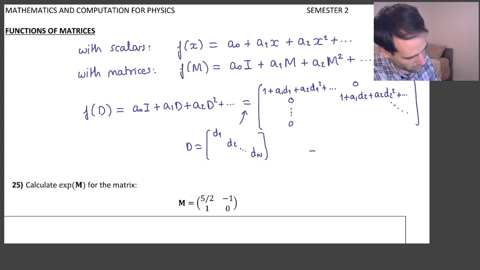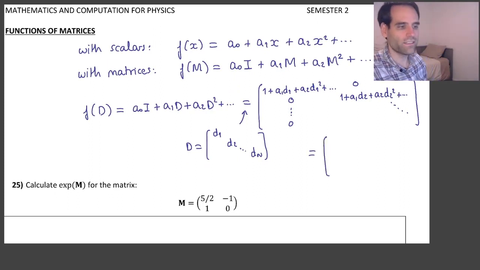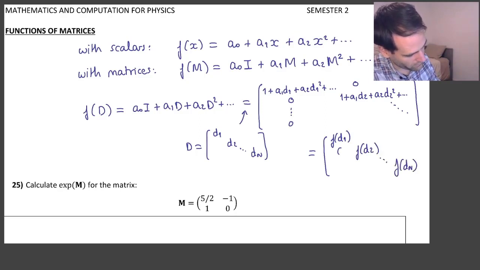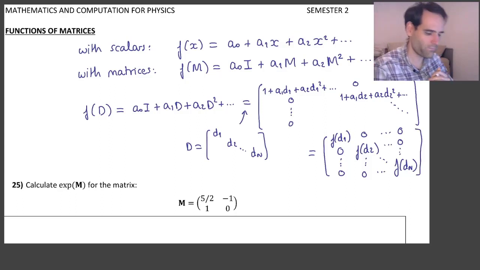And therefore, the end result is that your function applied to a diagonal matrix is simply the function applied to D1, then the function applied to D2, until the function applied to Dn, where the rest of the elements are 0. So we have kind of proved it.